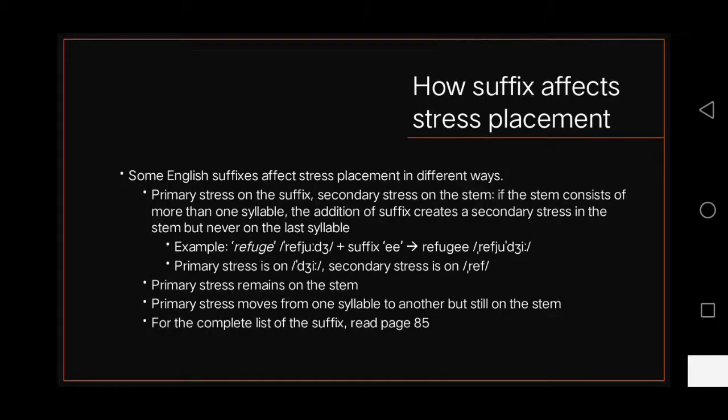Suffix affects stress placement. Some English suffixes affect stress placement in different ways. Primary stress on the suffix, secondary stress on the stem. If the stem consists of more than one syllable, the addition of a suffix creates a secondary stress in the stem, but never on the last syllable. In the examples given, which seem to be the most common, the primary stress is on the first syllable of the suffix.